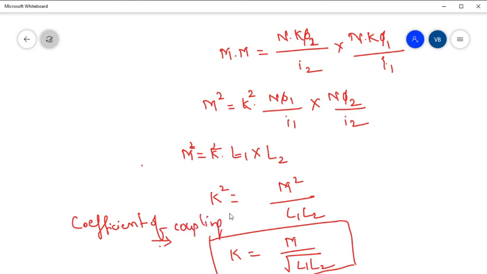So we have written the self-inductance value as well as the mutual inductance value.